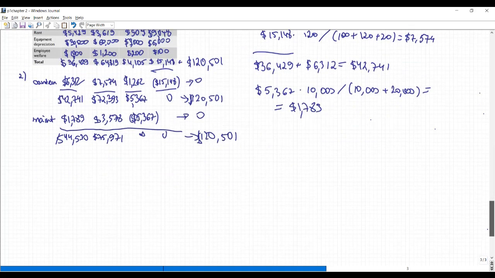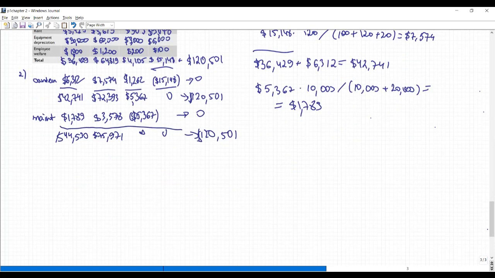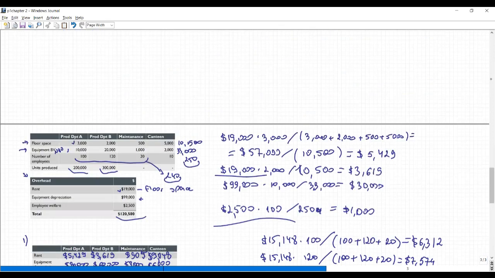Okay, so we've got overheads for each and every department. And now the last but not the least, we will calculate overhead per unit. Department A had total overheads of 44,530, and the units that department produced is 200,000.